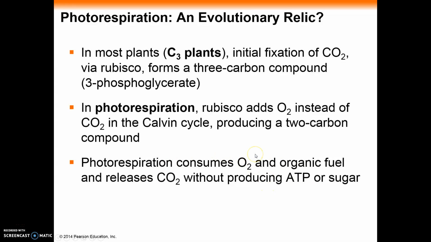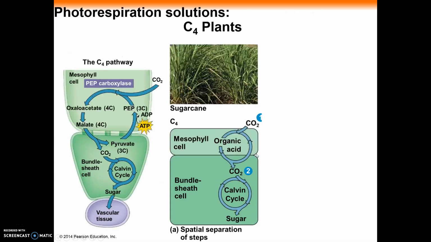There are plants that have figured out a way around this, okay? There's essentially 2 different mechanisms. There's something called a C4 mechanism and then something called a CAM mechanism. So in C4 plants, what you do is you physically separate the absorption of carbon dioxide from the environment and the Calvin cycle, right? So here we have one cell that is carrying out photosynthesis, but it is not carrying out the Calvin cycle.